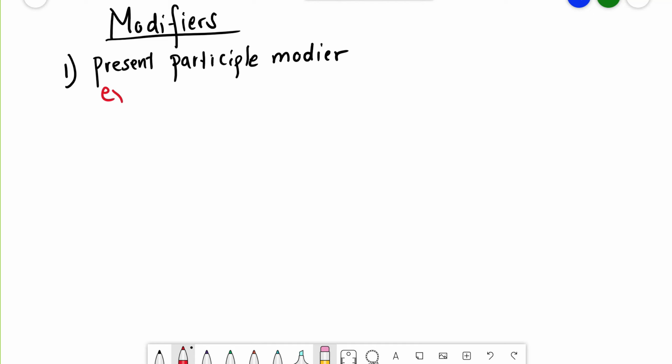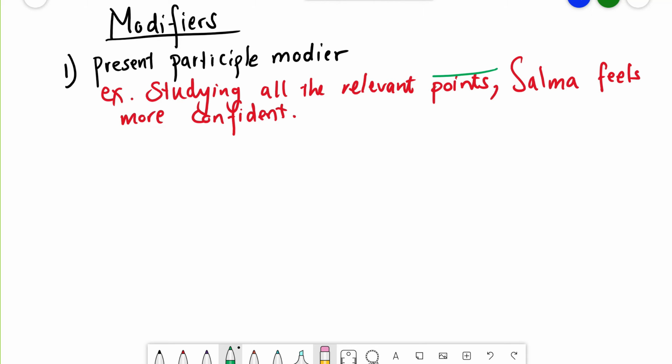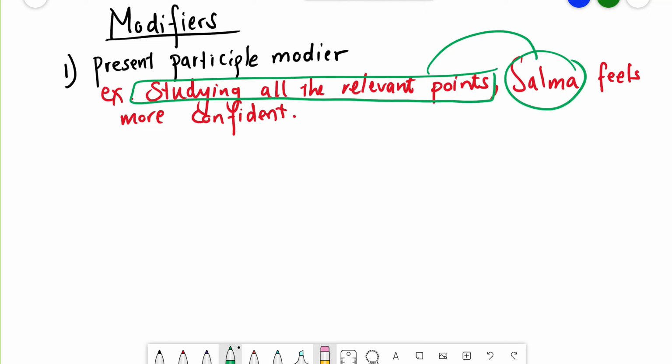When I say studying all the relevant points of the exam, whatever, and I say Salma feels more confident. Mister, where is the modifier? This is the present participle modifier. It modifies what? It modifies Salma.